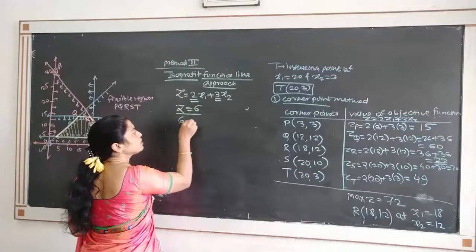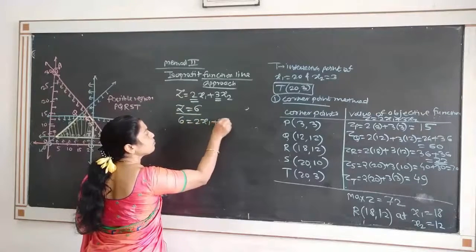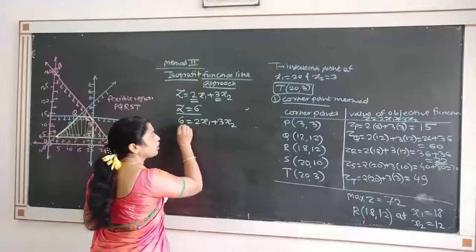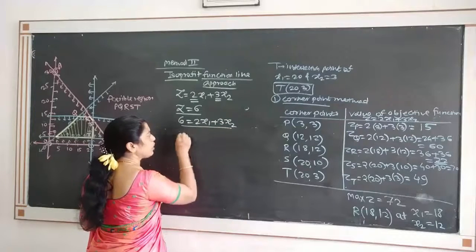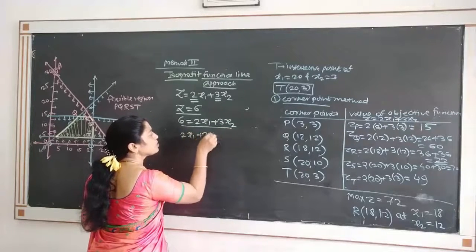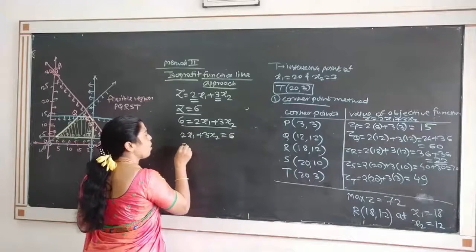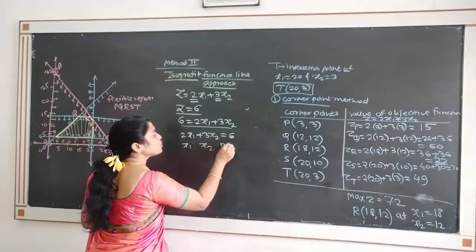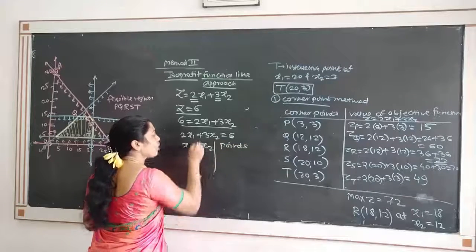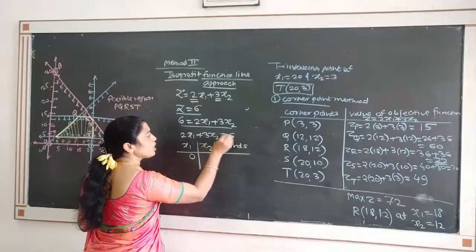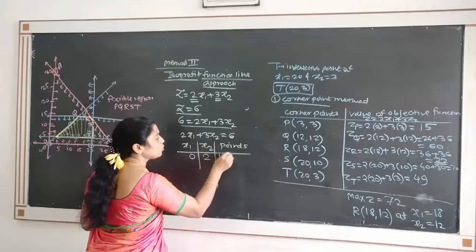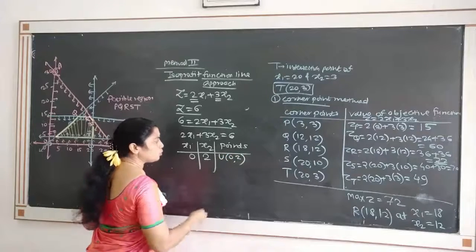So the function becomes 6 equal to 2x1 plus 3x2. Plot this line. That is, find the points for 2x1 plus 3x2 equal to 6. Consider the points x1, x2 and the corresponding points. When x1 is 0, 3x2 is 6, so x2 is 2. I will take the point 0, 2, U point.